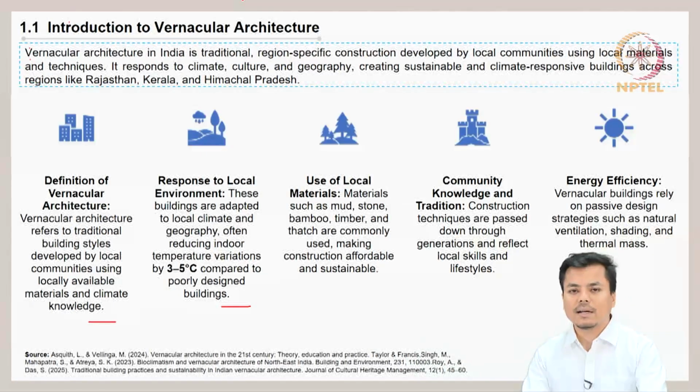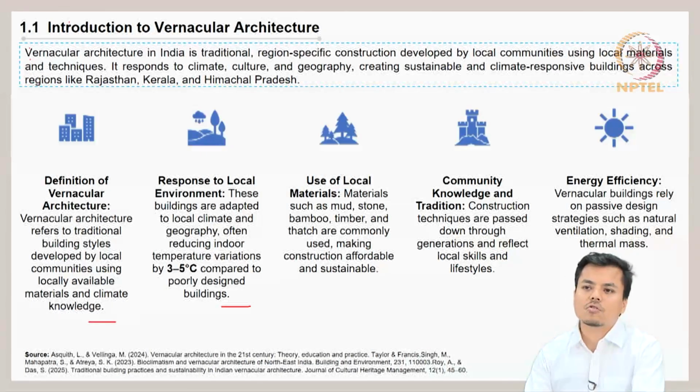Any material that is available in a specific region has to do something with the climate of that region. So there is a strong correlation between the availability of building material in that region and the climate. Accordingly, these styles differ from region to region.